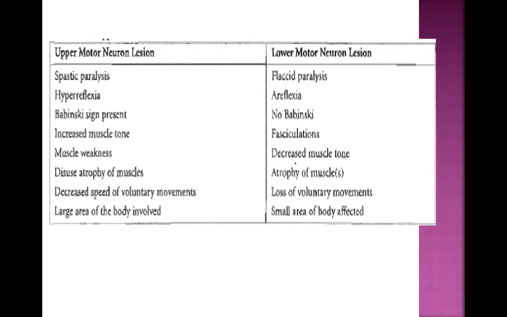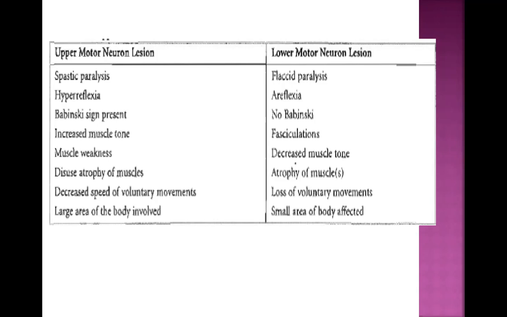There is one important point here. In lower motor neuron lesion, fasciculation, that means the twitching of individual muscle fibers, is a very prominent feature. Muscle weakness is seen in both conditions. Diffuse atrophy of the muscle is seen in upper motor neuron lesion, whereas marked atrophy of the muscle is a hallmark of lower motor neuron lesion.